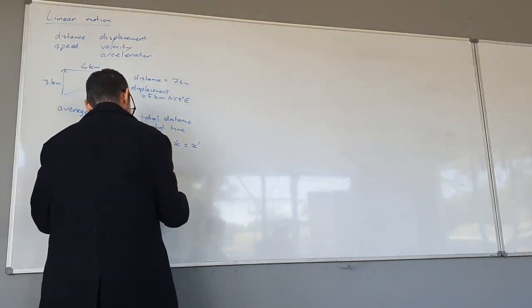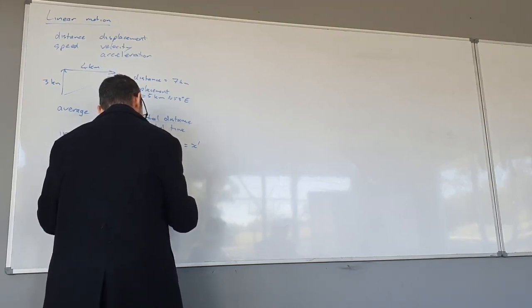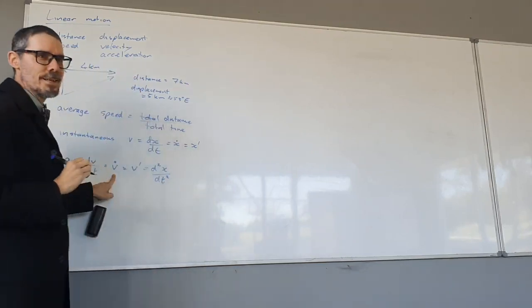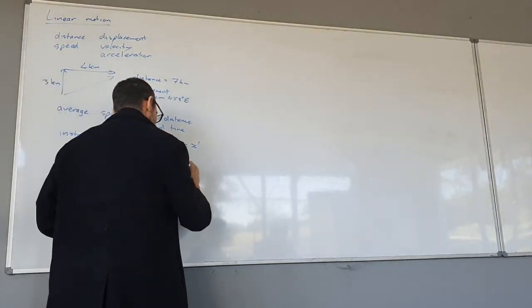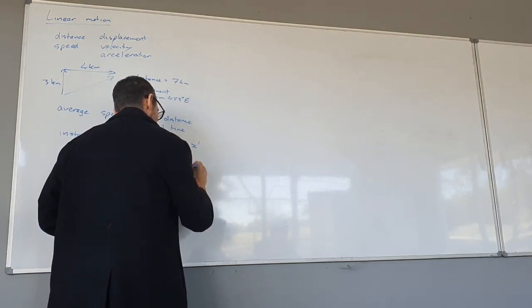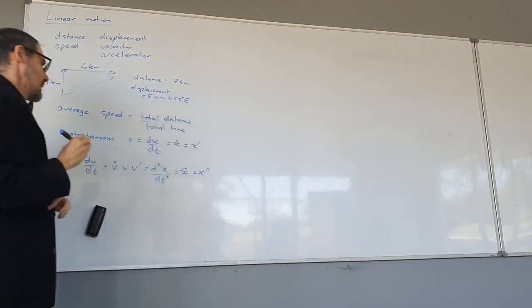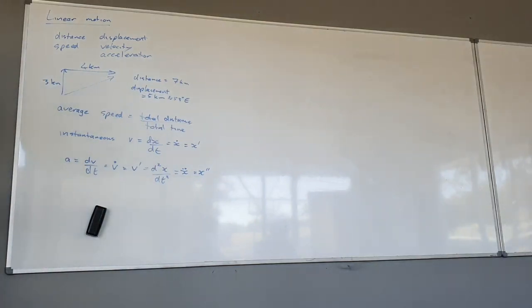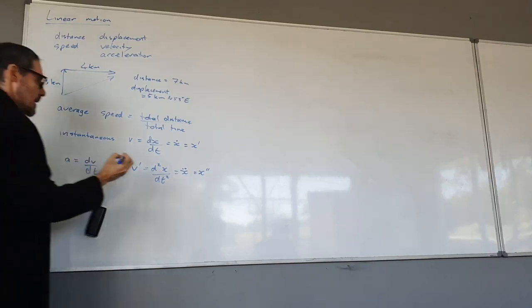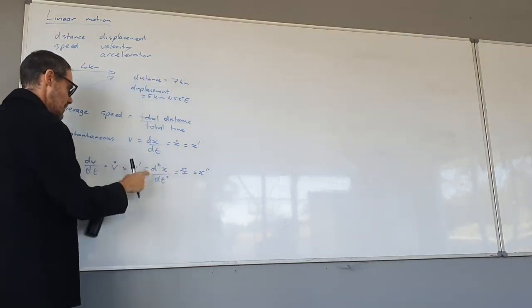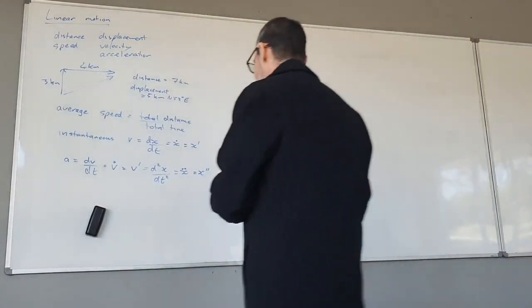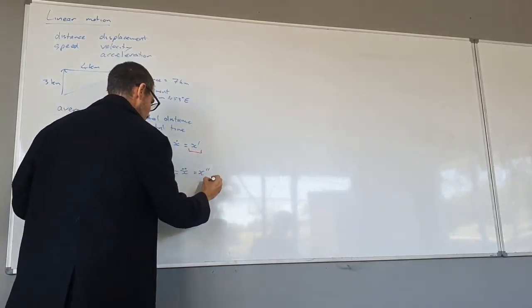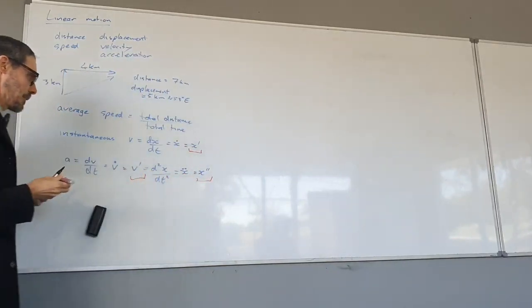So acceleration is also d squared x over dt squared, the second derivative of x with respect to time, or x dot dot, or x dash dash. Again, be very careful with the dash versions. I encourage you either to use the full derivative notation or the dot. I want to discourage you from the dash. This is technically correct but could be confusing. Try to avoid that one.